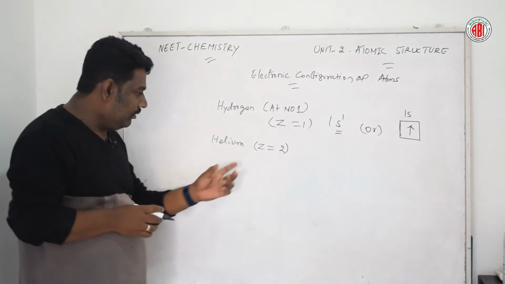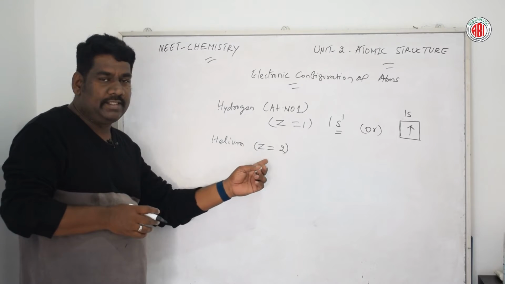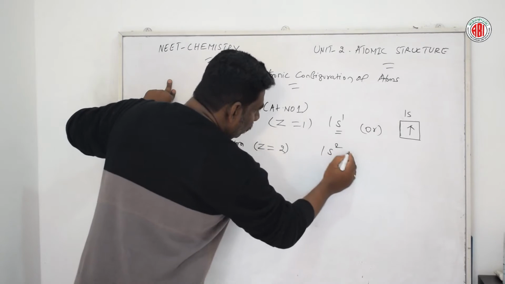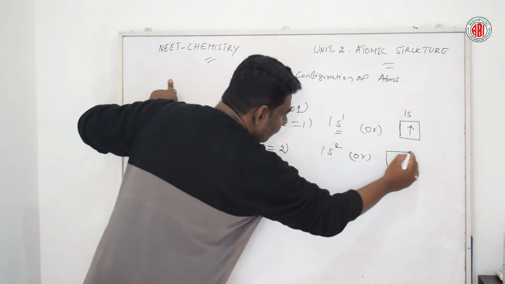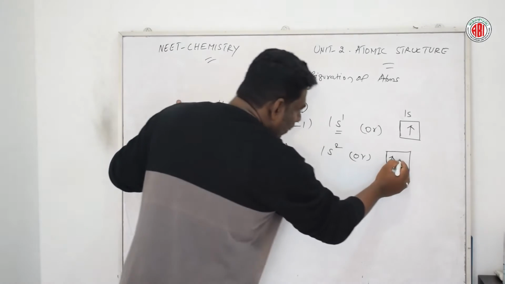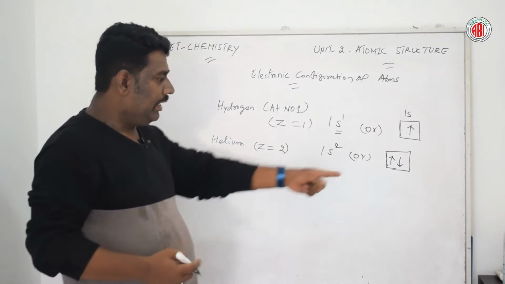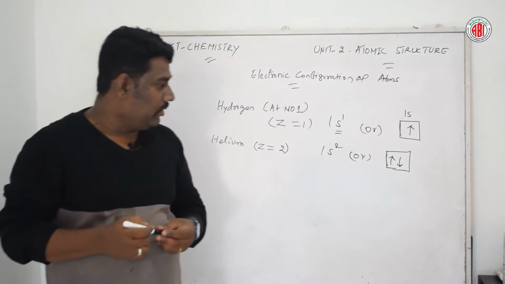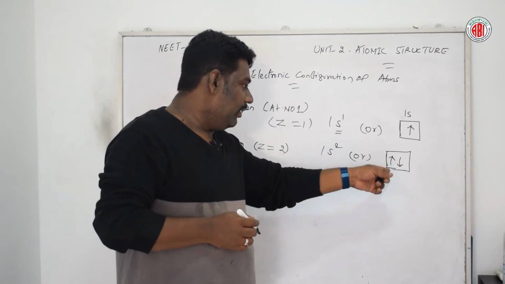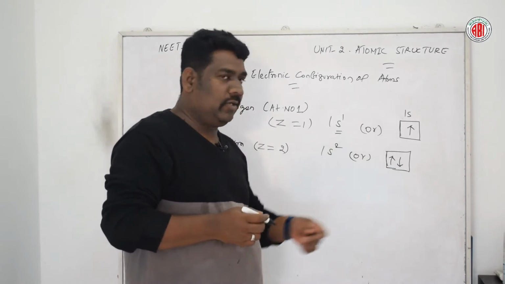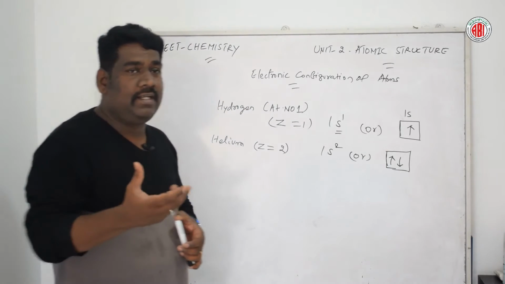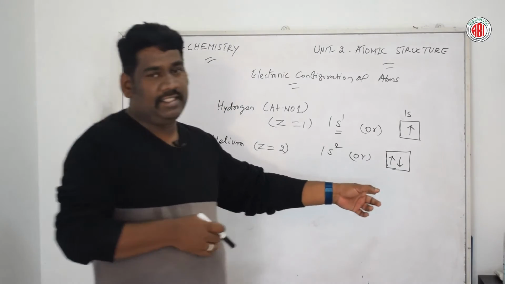So helium, with Z equal to 2, is written as 1s2. In symbolic form, one arrow points upward and one downward, showing the electrons are totally filled in the 1s orbital and represent opposite spins.